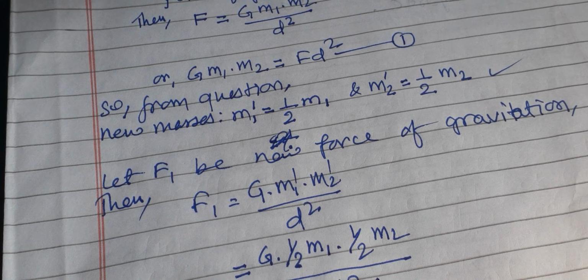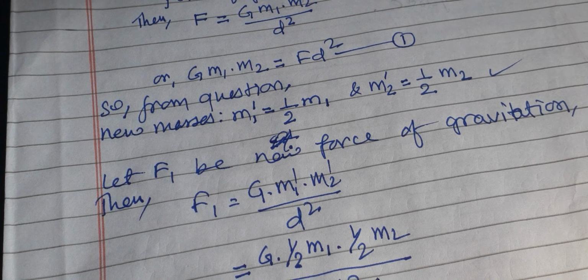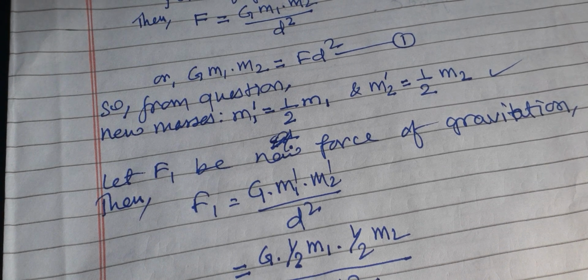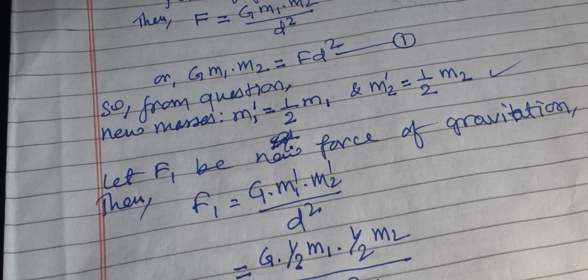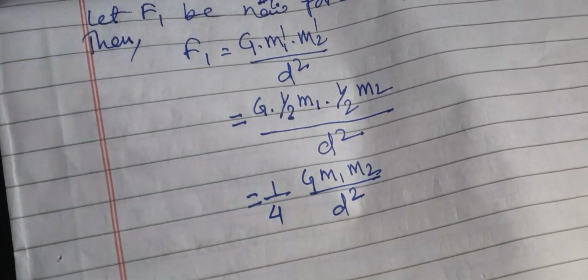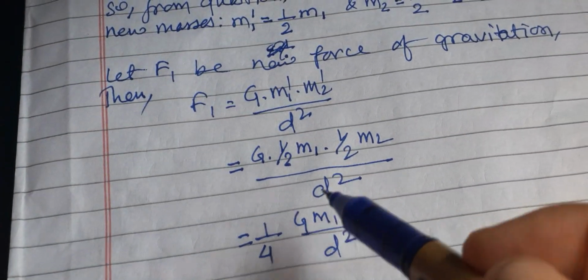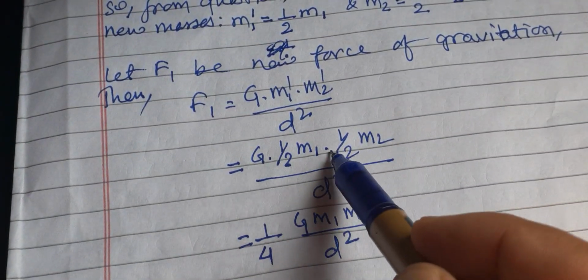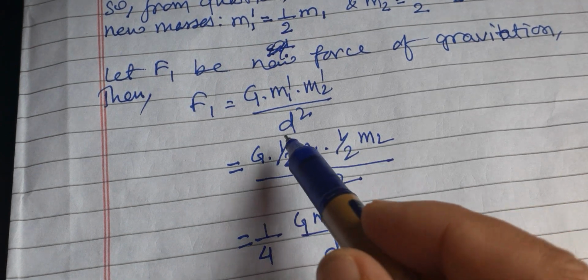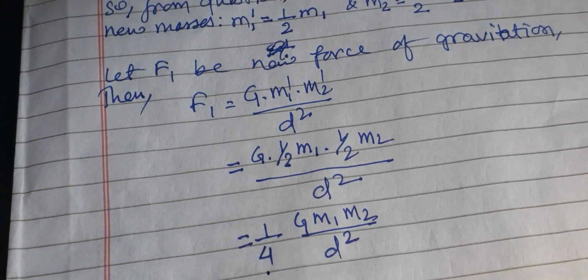So what we see here, 1 by 2 times 1 by 2 is 1 by 4, and G m1 m2 by d square.